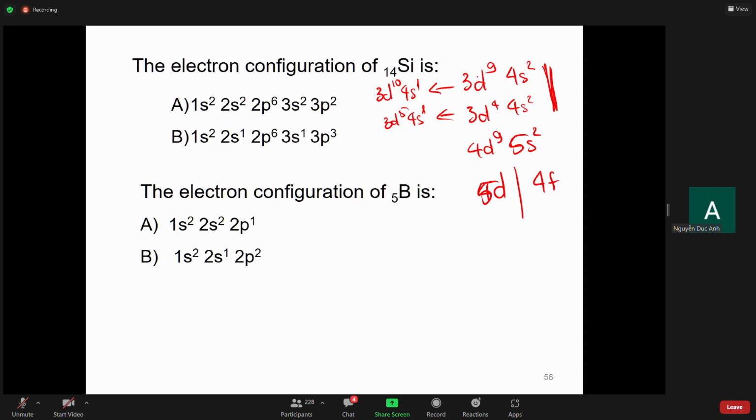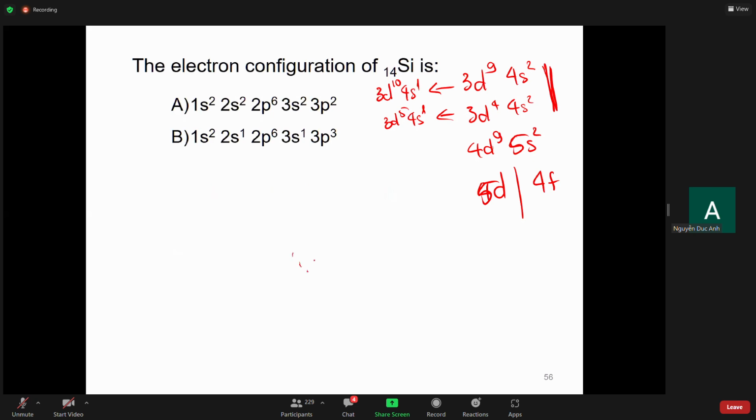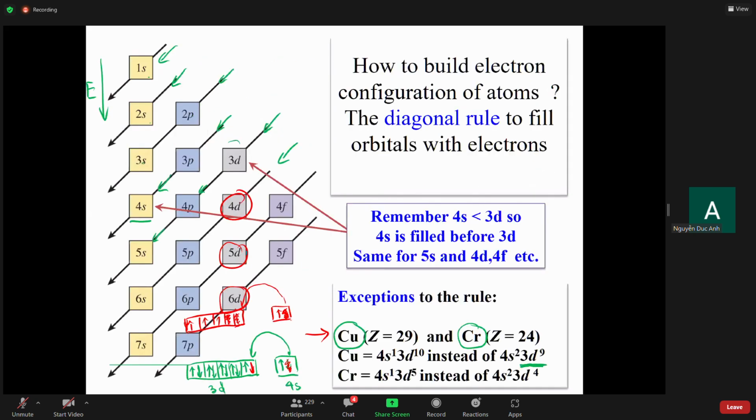And another thing, I forgot one more thing.